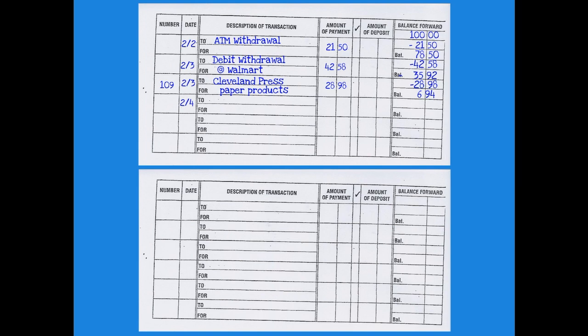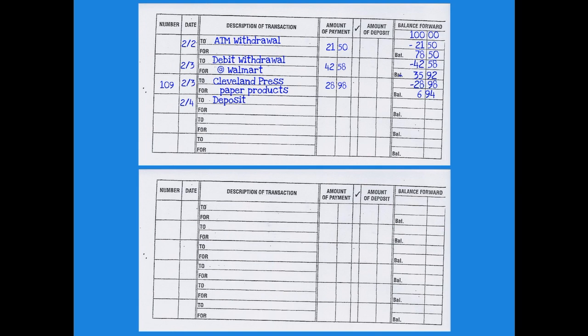So when we go back to the transactions worksheet, it's now February 4, and actually because our balance is so low, I'm going to add another transaction, and we're going to actually put some money in. So on the to line, you're going to write deposit. And what we're doing is Grandma sent us, it was our birthday yesterday, and Grandma gave us some money.